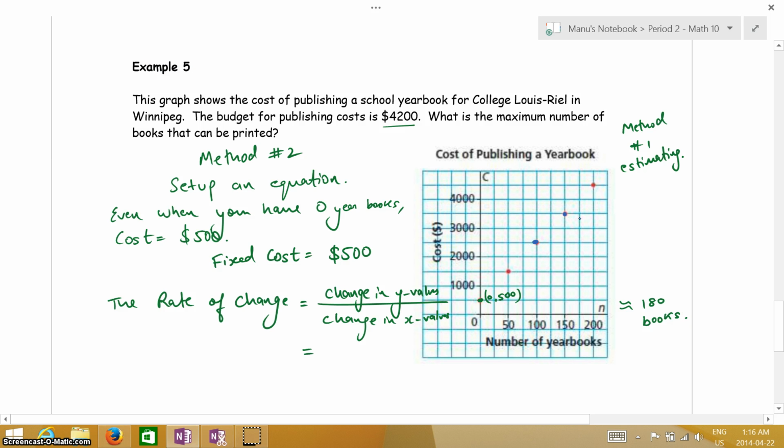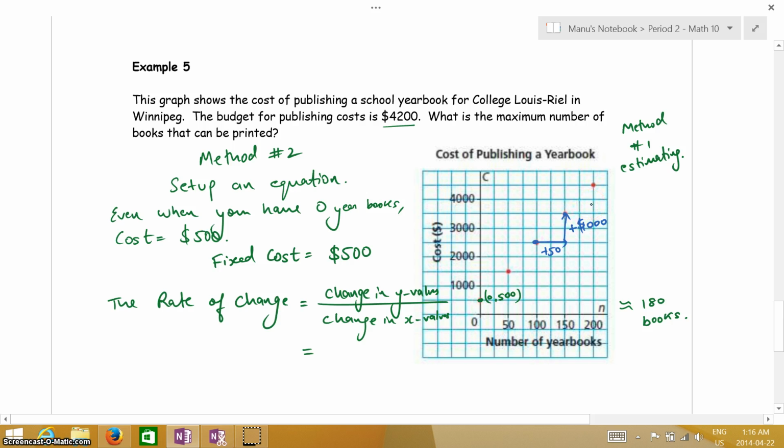You'll notice that the number of yearbooks goes up, right? Goes from 100 to 150. In that same span, the y values are increased from 2,500 to 3,500. So plus $1,000. Right?